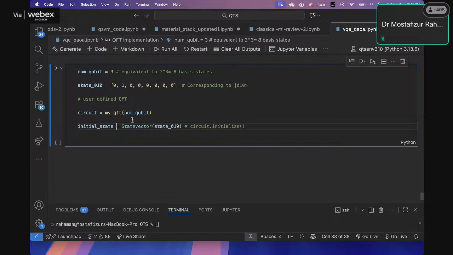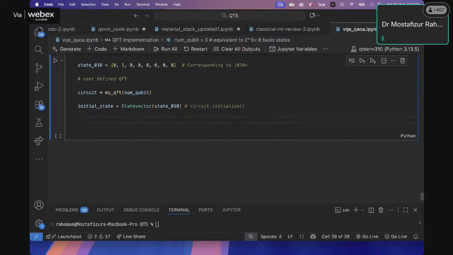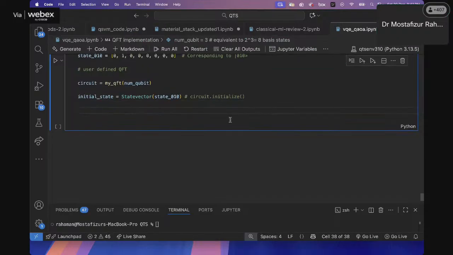So either is fine to use. Then I can write circuit equals to, I already have an initial state, and the initial state can evolve through the previous circuit.